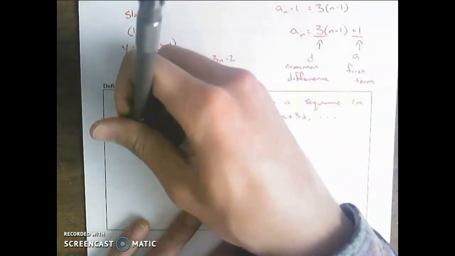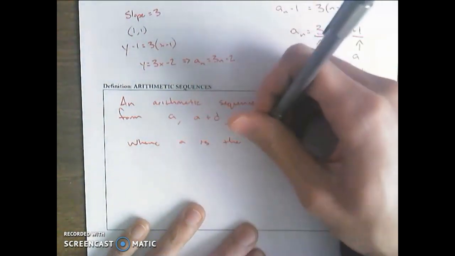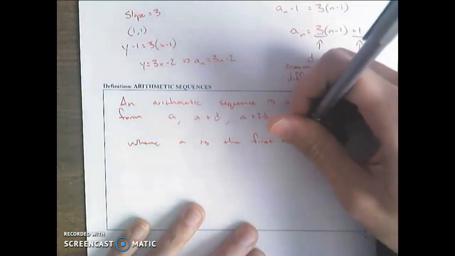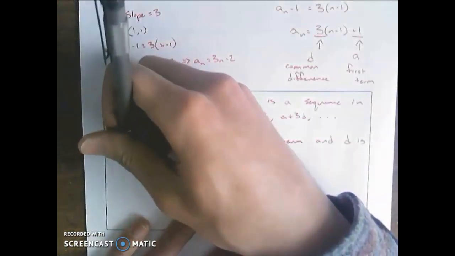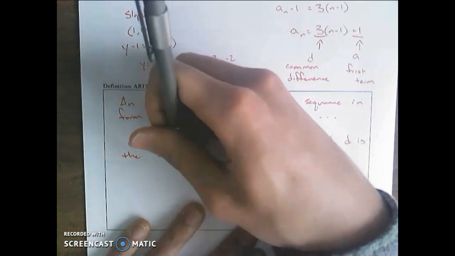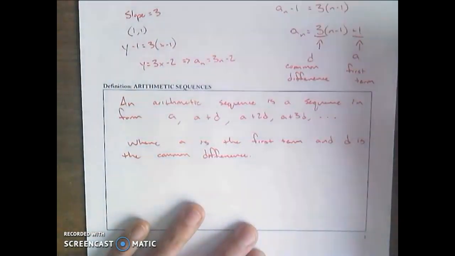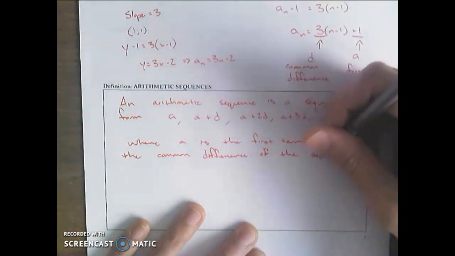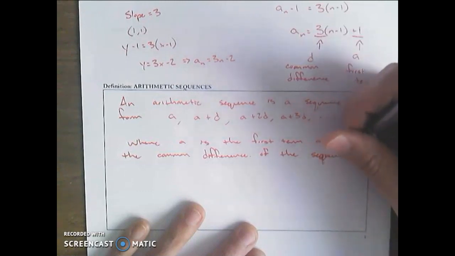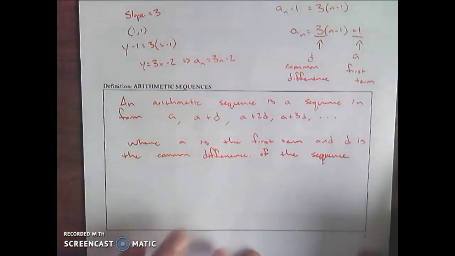So again, where a is the first term and d is the common difference of the sequence. I like to think of these similar to linear functions. They've got an additive rate of change.